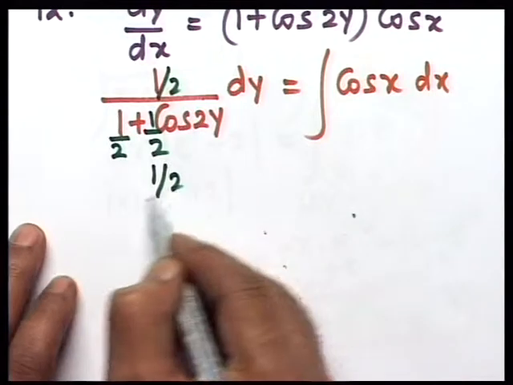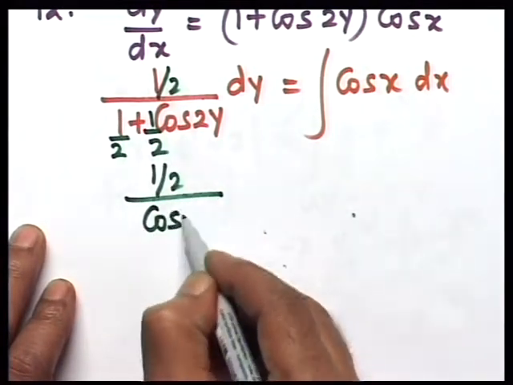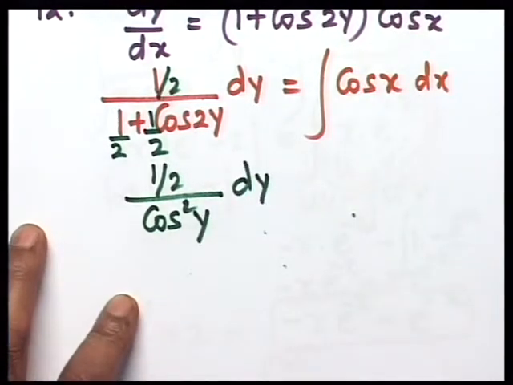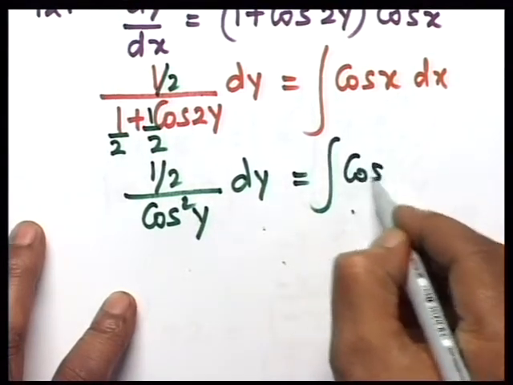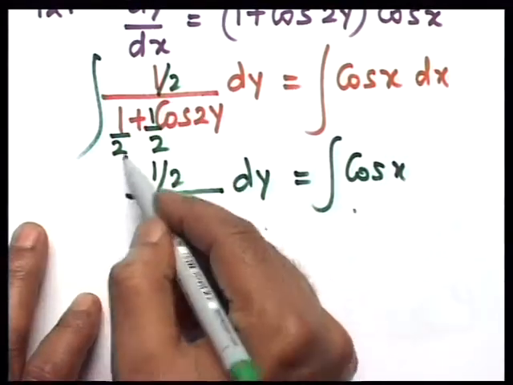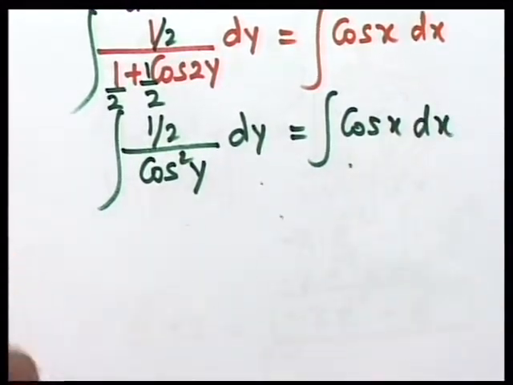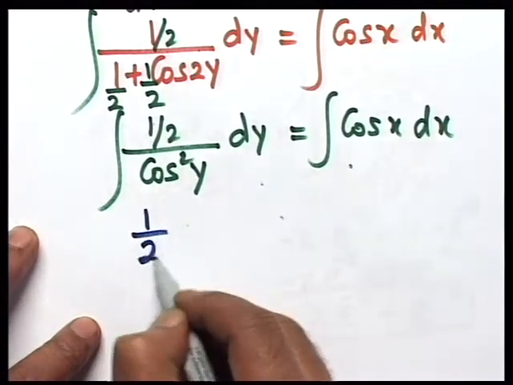half on top divided by the denominator, which is actually cos square y, and dy. That's it, okay, equals to integrate cos x. Sorry, we need to integrate that. We did not integrate yet, okay, that's a dx. Half, it's 1 over 2, so that's 1 over 2, and that's over 1.